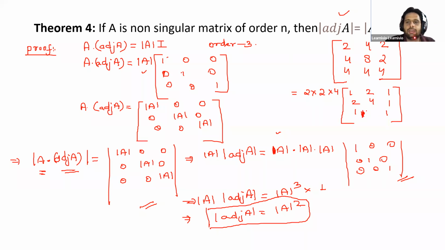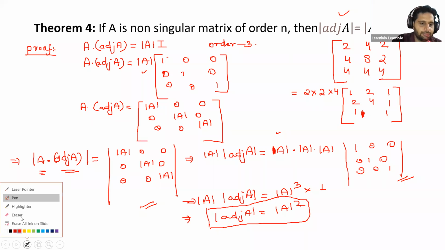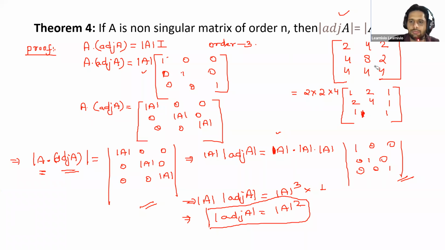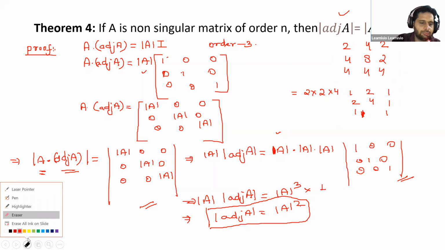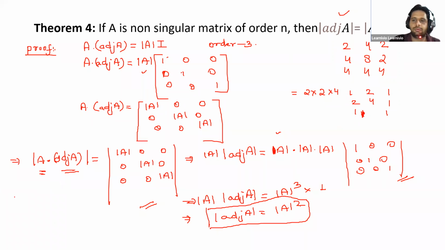So what happened in a matrix? Sorry, we have done something. This was not a matrix, this was a determinant. In a determinant, if you are taking common, then you need to take out the common from any of the rows or the columns.